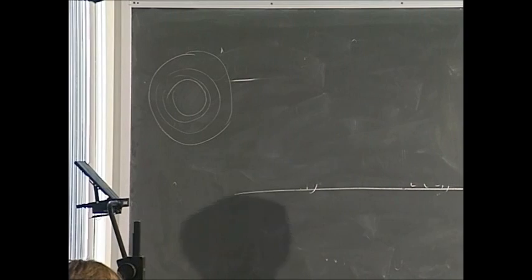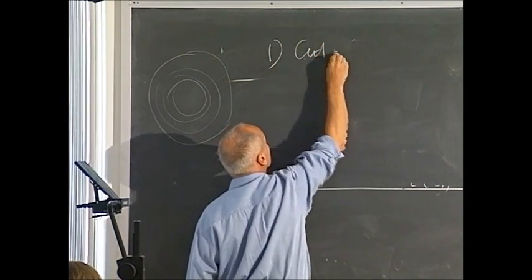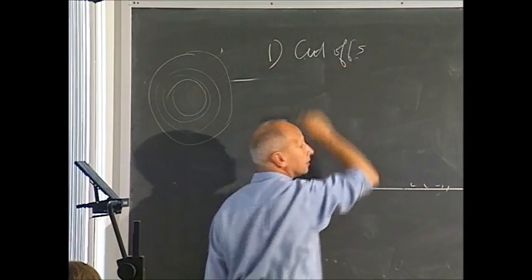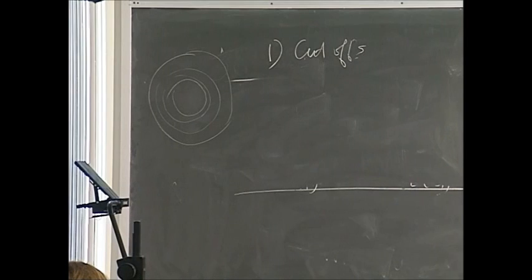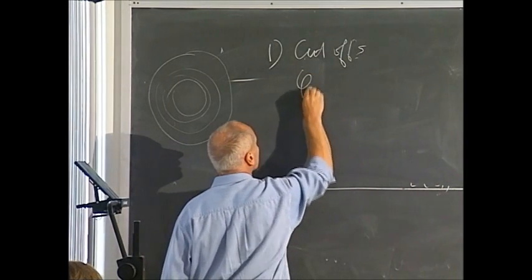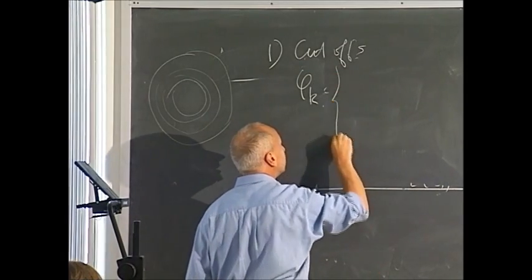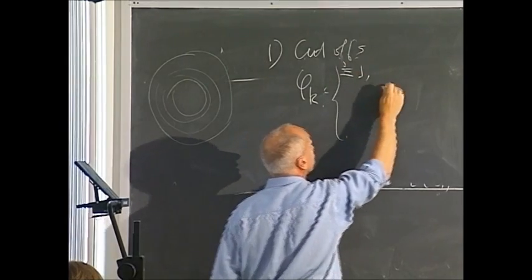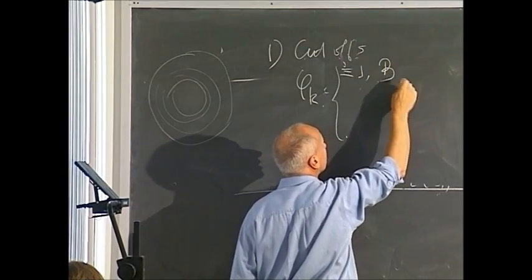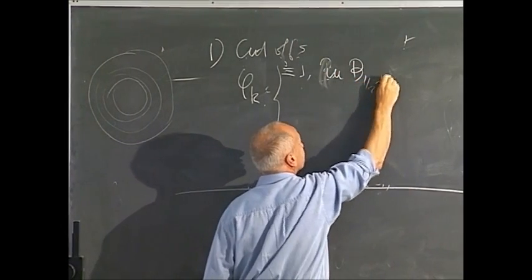I'm going to consider first a family of cutoffs. So I'm going to put here a sequence of phi_k. And phi_k is going to be identically 1 in the ball of radius 1/2 plus 2 to the minus k.